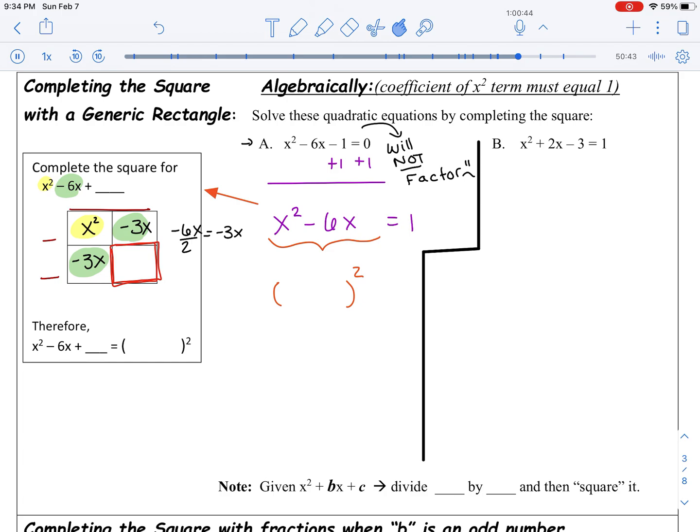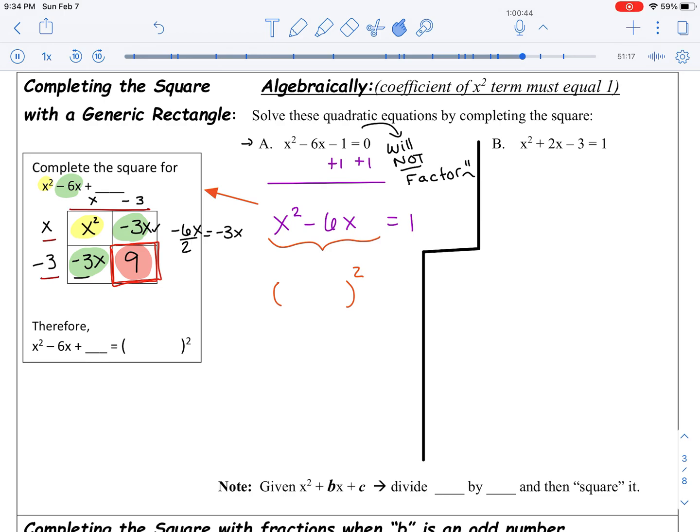But I'm going to look at the box and see if I can find some missing dimensions. I know that x times x gives me x squared, and x times negative 3 gives me negative 3x. X times negative 3 also gives me negative 3x, which means I can now find the missing value in my bottom right corner. That's going to be 9.